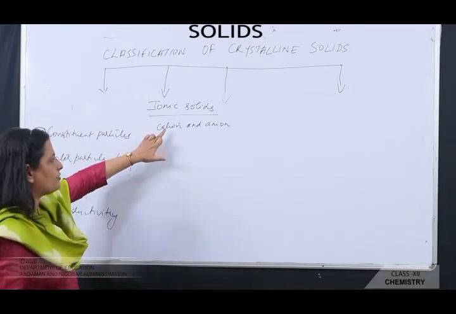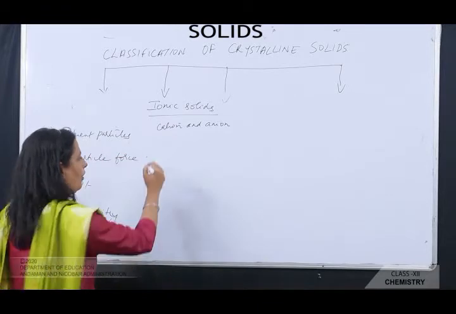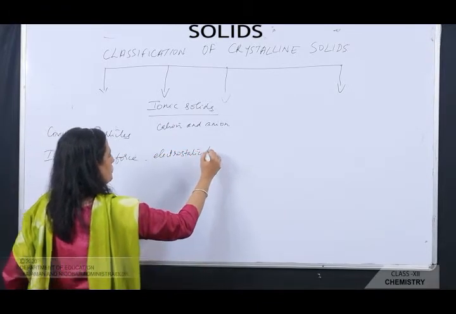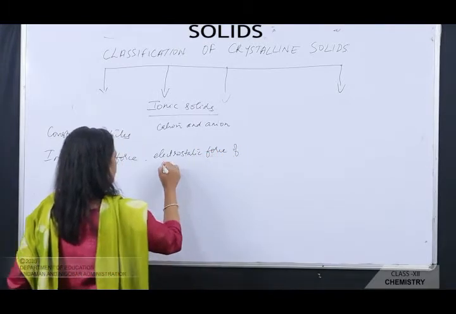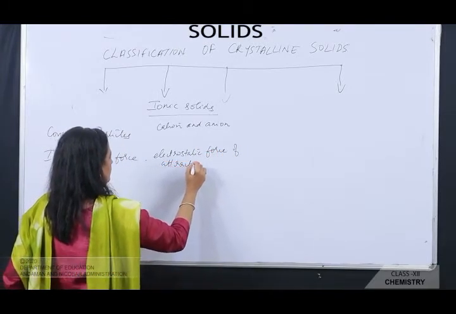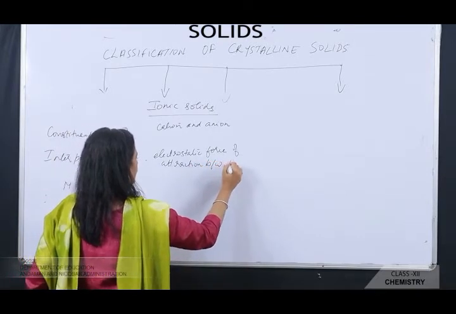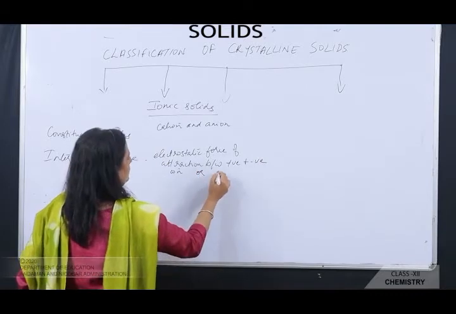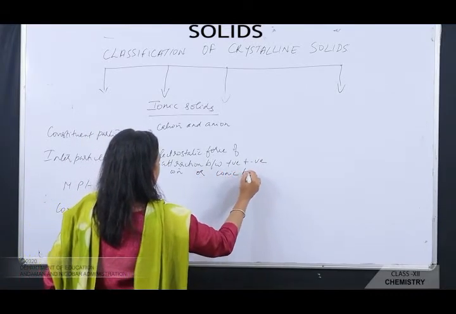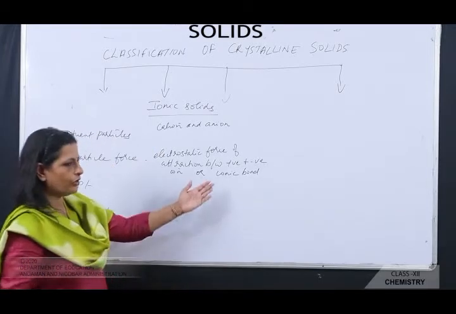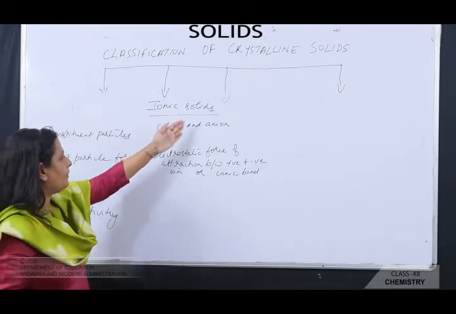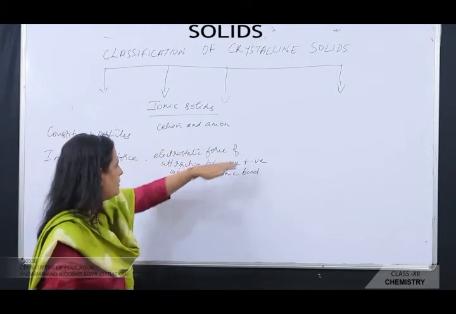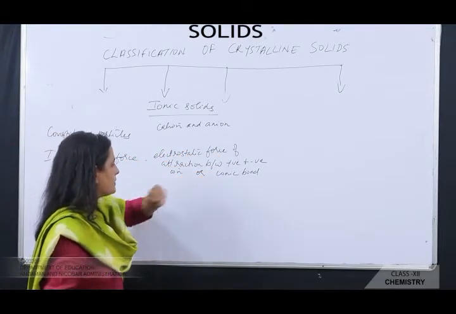Electrostatic force of attraction between the cation and anion, or electrostatic force of attraction between positive and negative ion, or we can call it as ionic bond or electrovalent bond. The constituent particles are cation and anion. The interparticle force is electrostatic force of attraction between positive and negative ion.